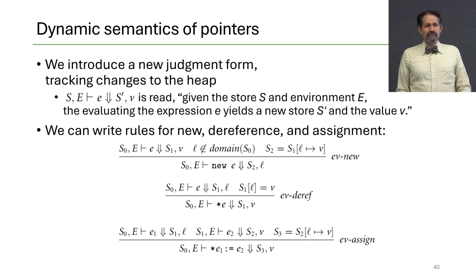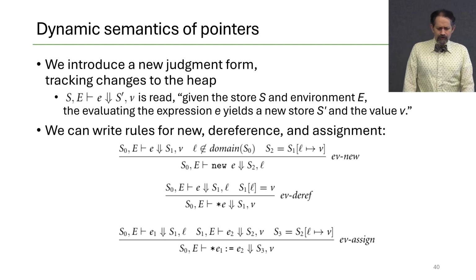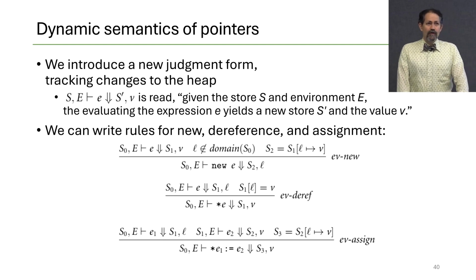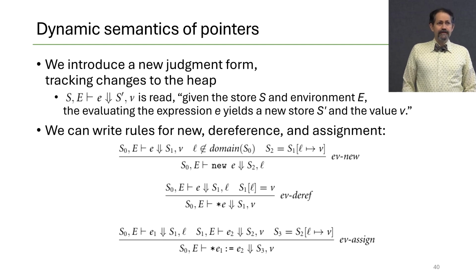What is the dynamic semantics of pointers? Well, we're going to introduce a new judgment form in order to do this. The new judgment form is required in order to track changes to the heap that happen when we assign to a pointer. So our new judgment has the form S, E ⊢ e ⇓ S', v.